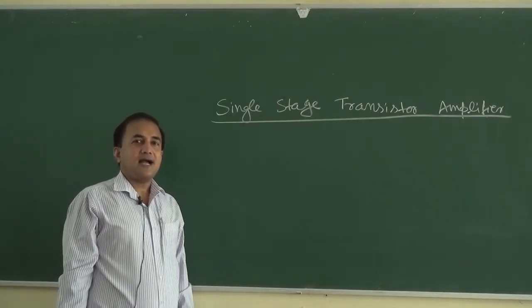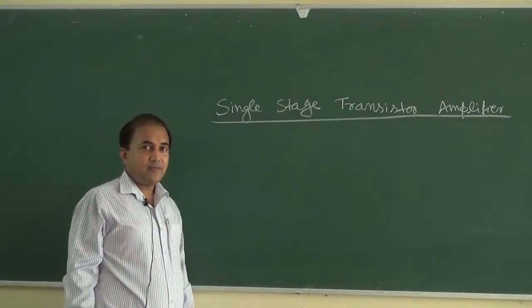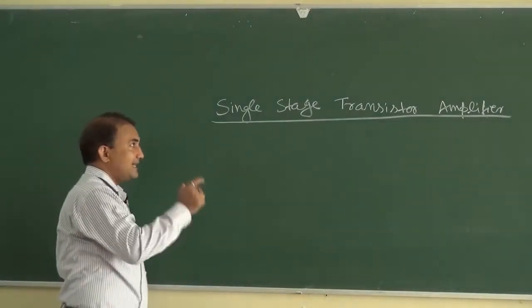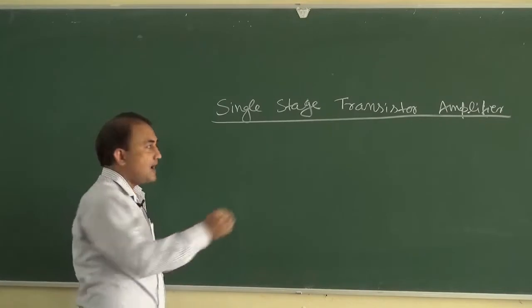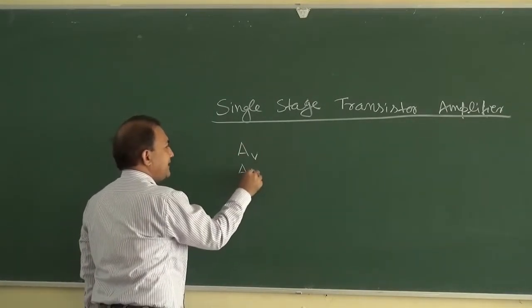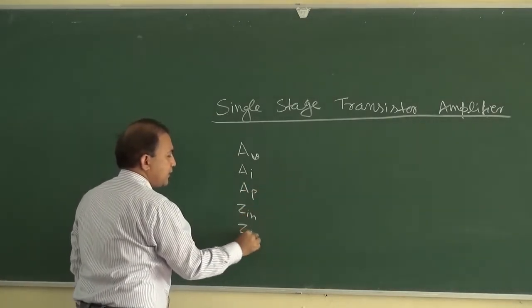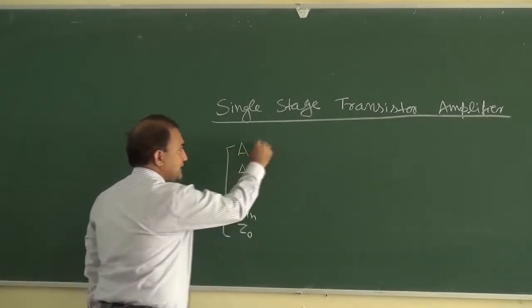In previous class I was teaching you about single stage transistor amplifier. So for a single stage transistor amplifier, how we can determine the voltage gain, current gain, power gain, input impedance, output impedance, all these quantities.